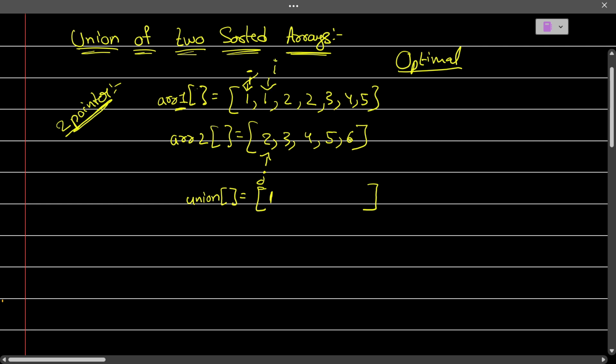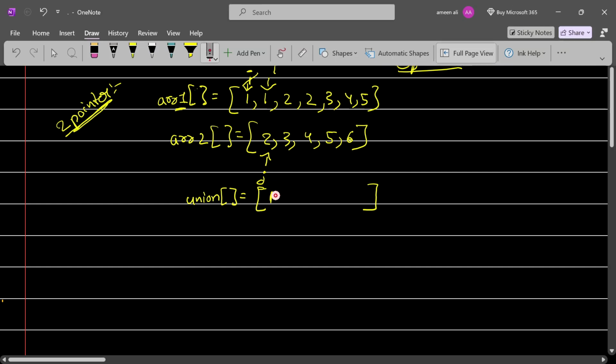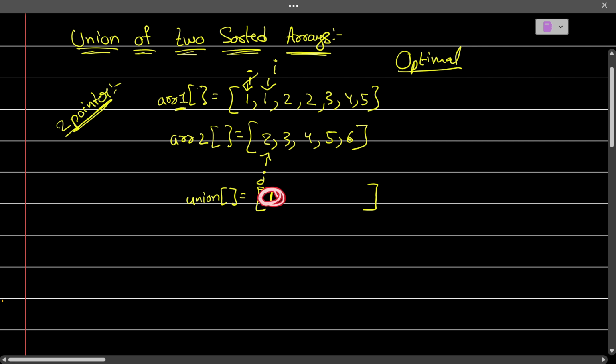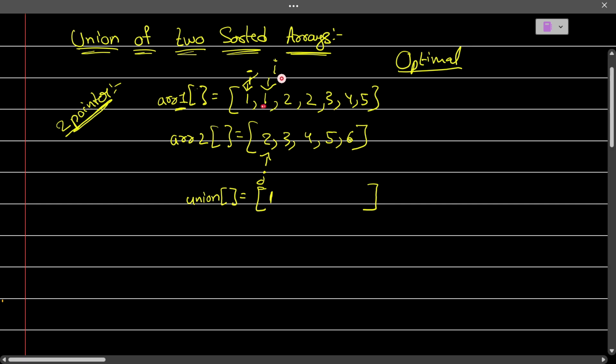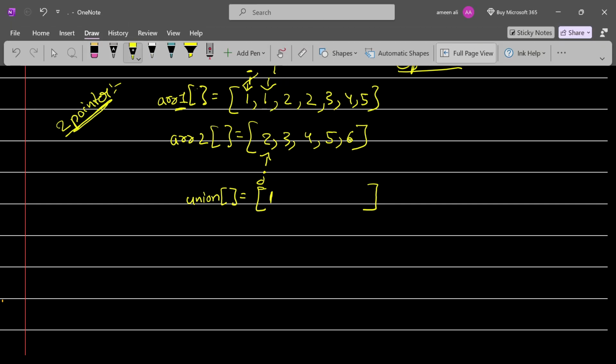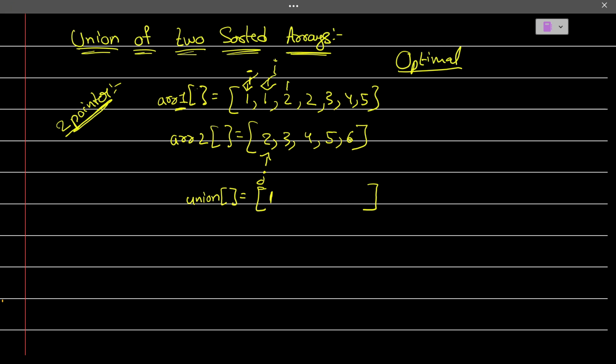Then I is 1 again, but we already have 1 in the union. We only take the unique elements, so I'll move the I counter.